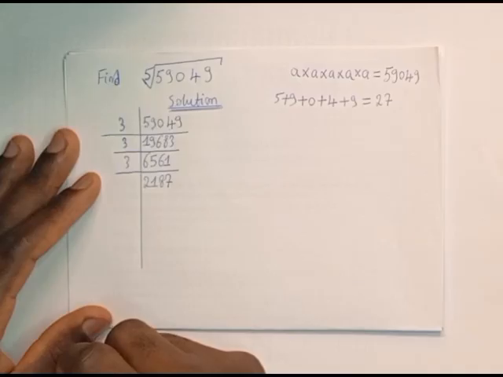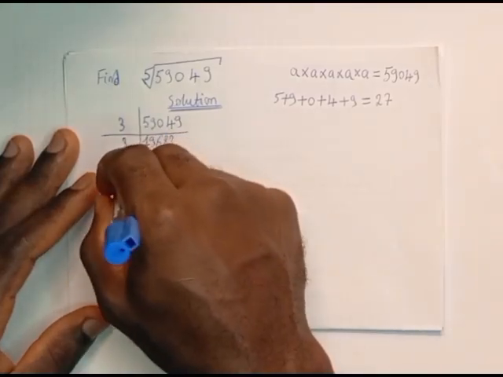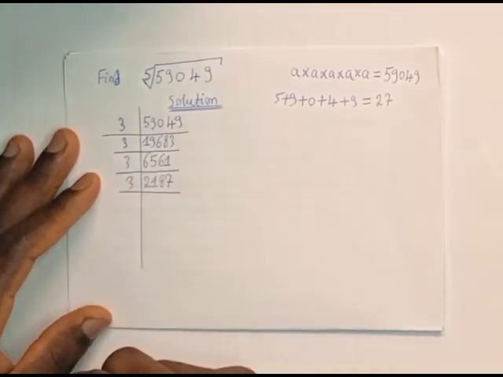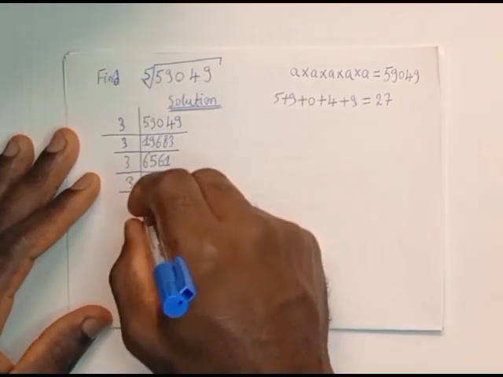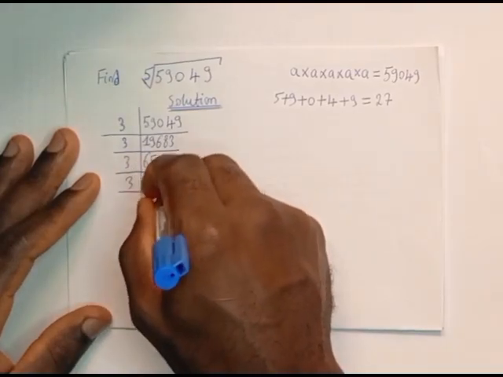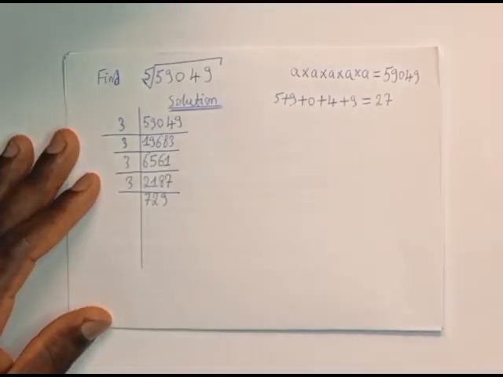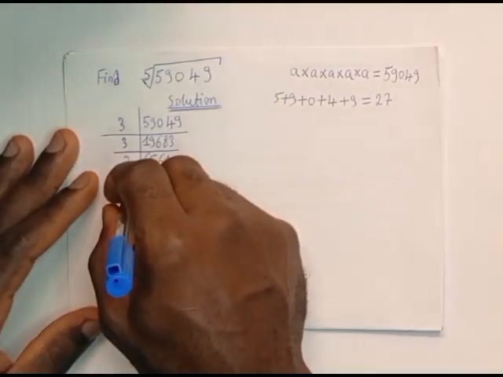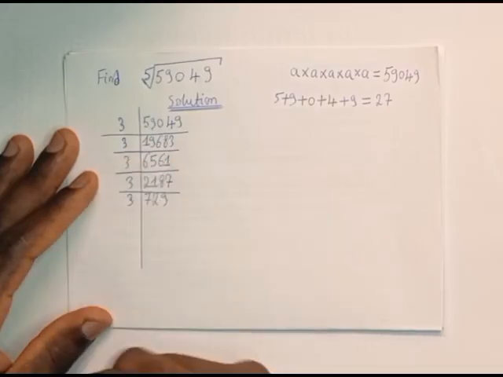2,187 is still a multiple of 3. We are going to bring down 3. We divide 2,187 by 3. This will give us 729. The number 729 is still a multiple of 3. We are going to divide 729 by 3.